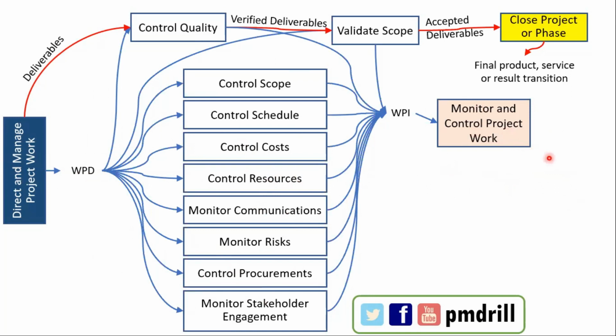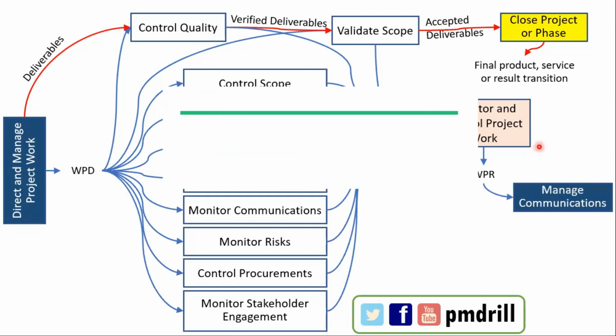Now, what does monitor and control project work do? They prepare work performance reports, which are in a presentable format to be presented to the stakeholders. The next step, what happens to the work performance reports? Once I create them, they have to go to the manage communications process.